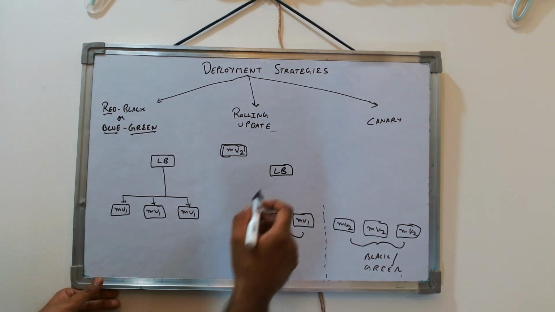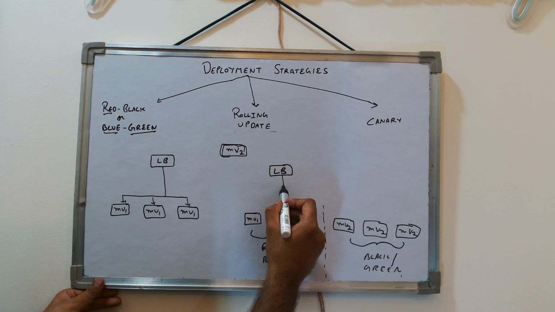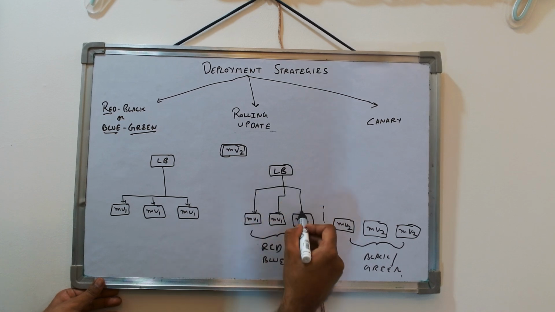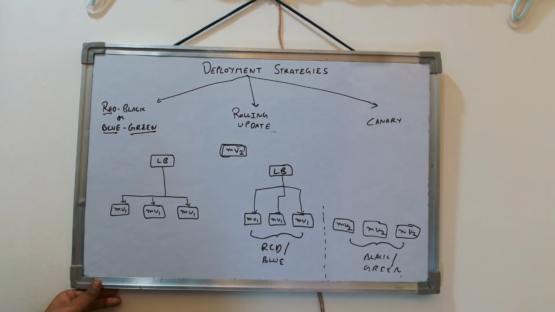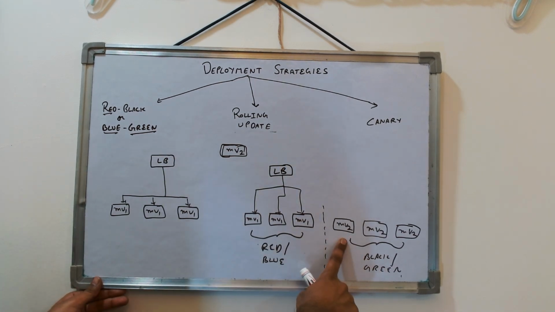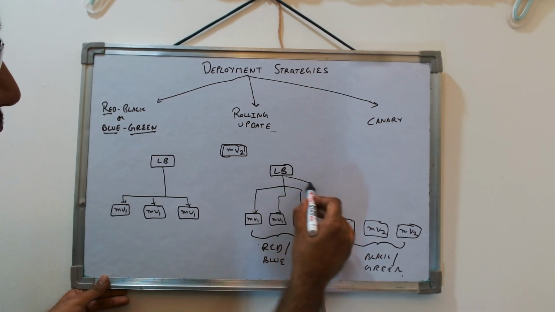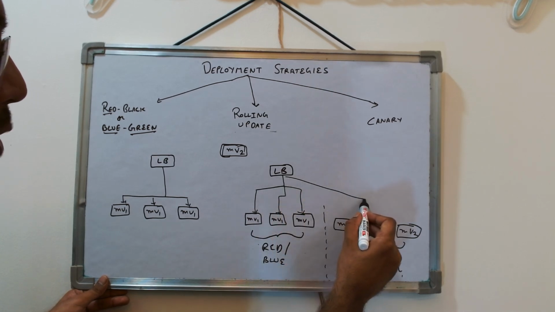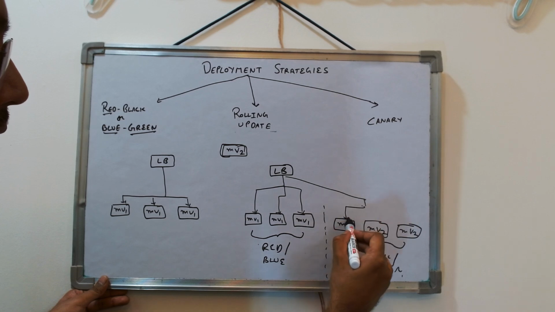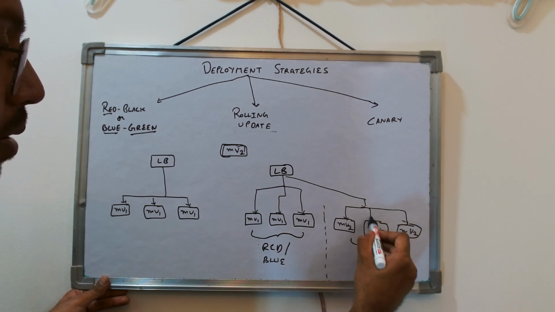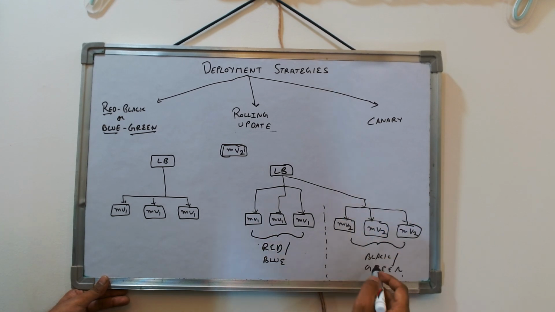Now currently the load balancer is transferring all the traffic to your old one. When you have the new setup complete, the load balancer slowly starts distributing the traffic to your new group, generally known as black or green.